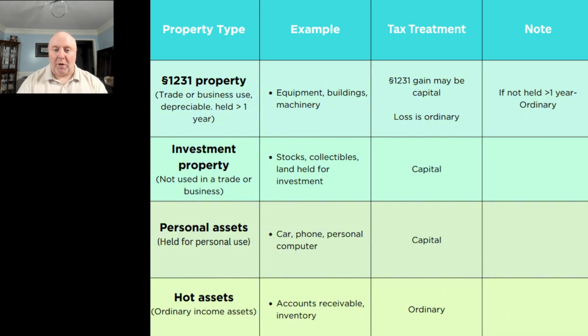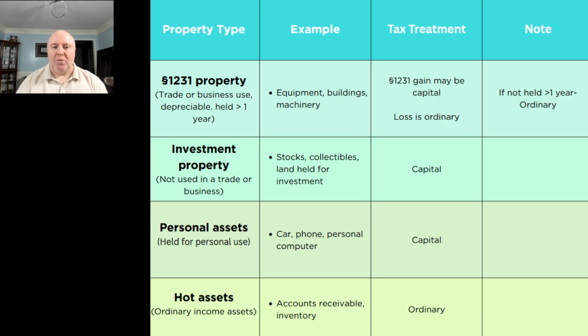The question with 1231 is how much, if any, will be capital and how much, if any, will be ordinary. We will figure that out as we go through 1245 recapture, because what it does is it takes the potential for a 1231 gain and it may convert part of that gain, or maybe even all of it, to ordinary instead of capital.